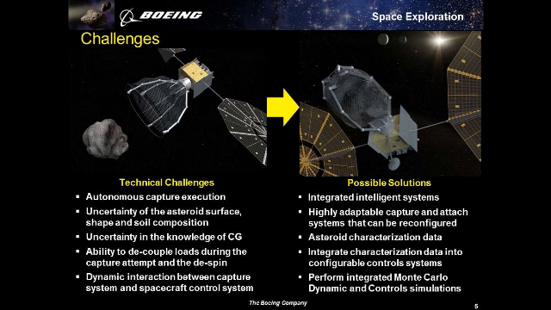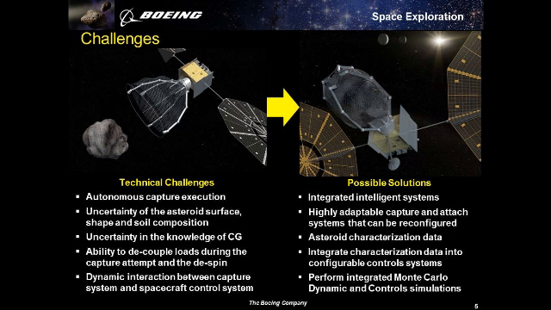To select a suitable capture site, and for control reasons, the uncertainty in the knowledge of the center of gravity of the asteroid will require that we survey, characterize, and understand the composition of the asteroid before capture.